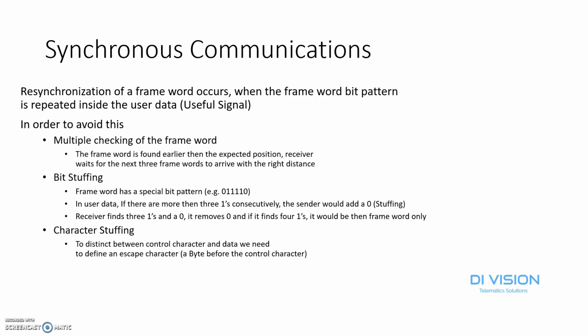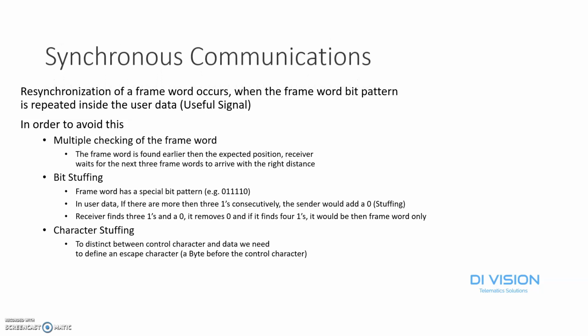When the receiver receives the data, first it gets the special characters, the frame words, and when it sees the user data, whenever it finds three 1s consecutively, it would remove the 0 after them. When it finds four 1s, that means the receiver has found the frame word.